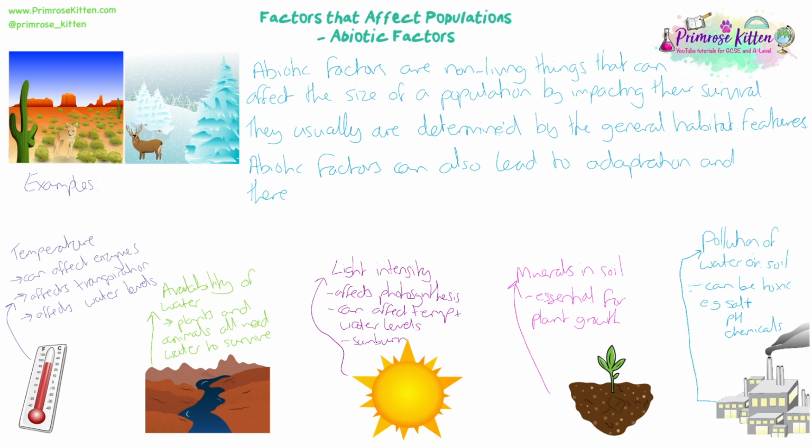Extremophiles are organisms that have become incredibly adapted to very specific and usually very harsh environments, so environments that have extreme temperatures, extreme light intensities, extreme toxicity, so lots of salt, or really low or really high pH. They've adapted to live there. So that's one way that abiotic factors or competition can drive evolutionary change.